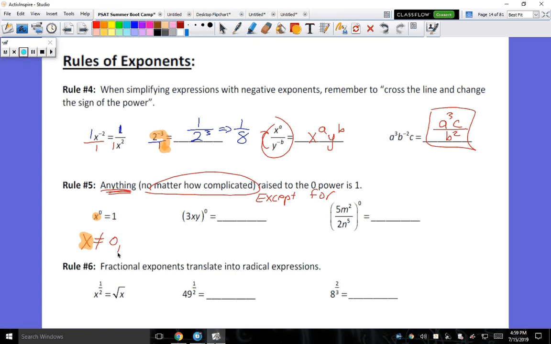And what else? Infinity. Those are the only two, and you learn them in calculus. They're indeterminate forms. So 3x to the power of 0, what would this be over here? 1. What's all this mess to the power of 0? 1.